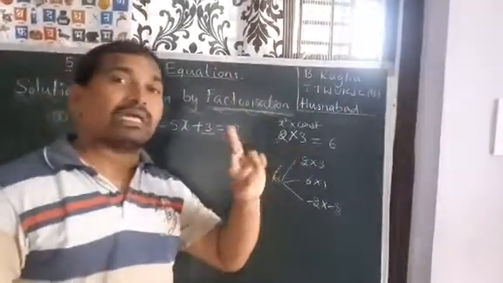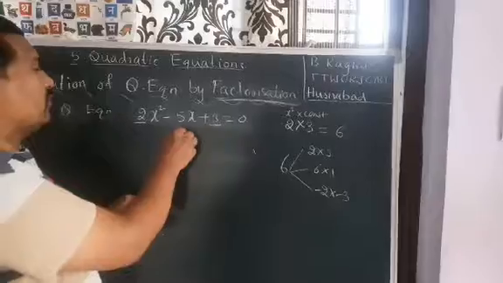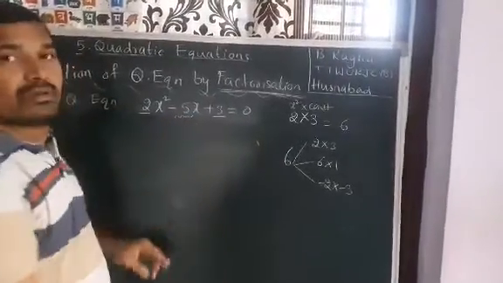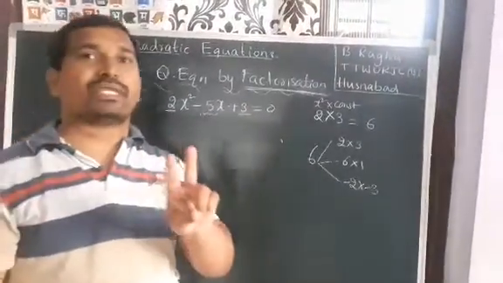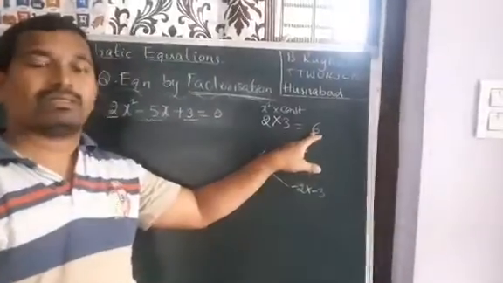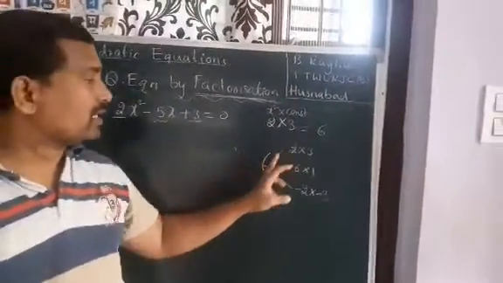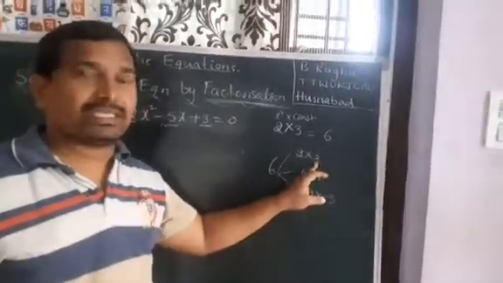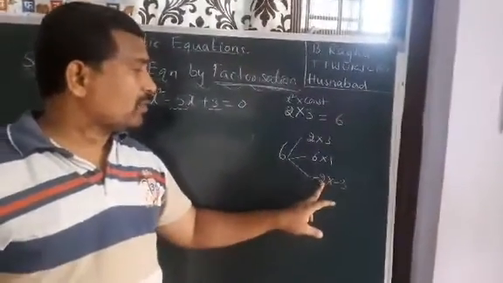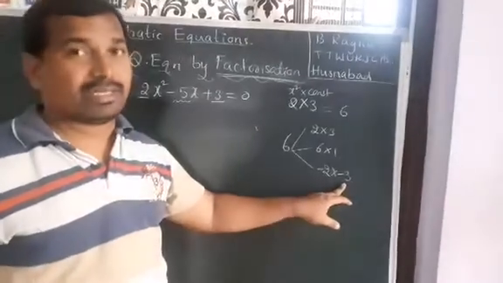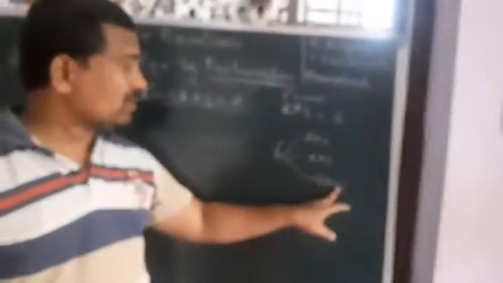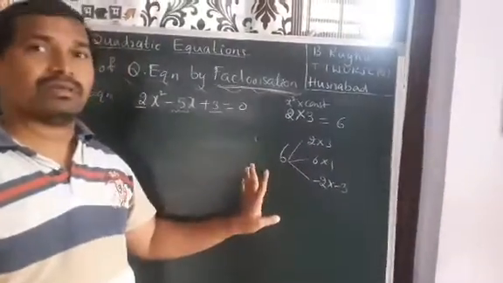Now the sum of those factors should be the x coefficient, that is minus 5. What are the factors of 6? 2 into 3 is 6, 6 into 1 is 6, and minus 2 into minus 3 is also 6, since minus into minus is plus.